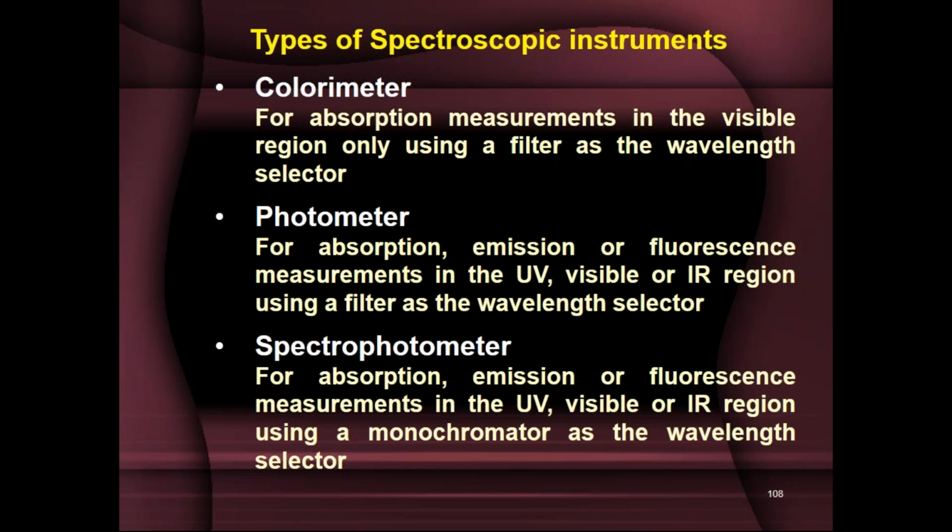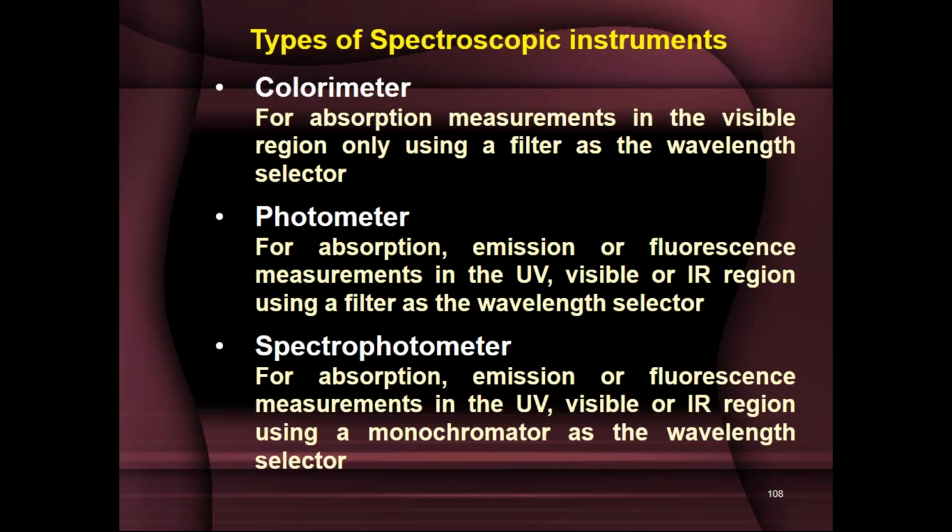So if the wavelength selector is a filter, we'll subsequently see what this filter means, and you are doing only absorbance measurements, that too only in the visible region of the electromagnetic spectrum, then the instrument you are using is a colorimeter. Okay, I hope it's clear.